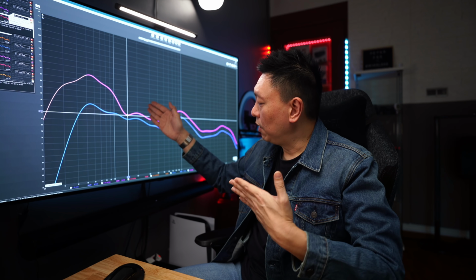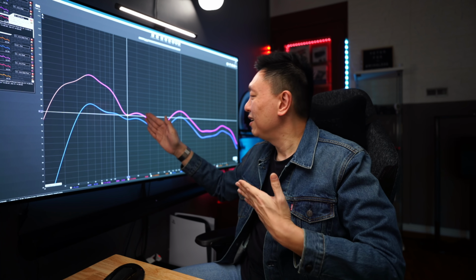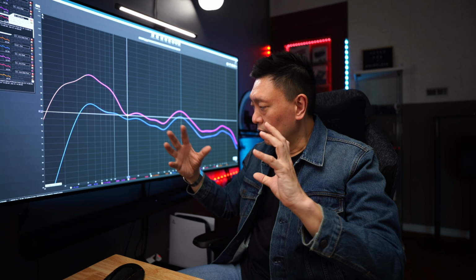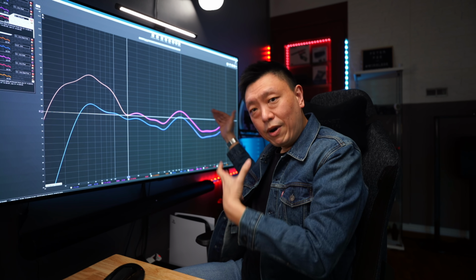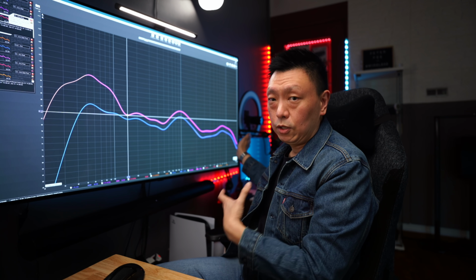So you'll see that from about 150, 200 hertz onwards, the Sonos Arc actually takes off on its own because it doesn't have to divert its resources and its amplification power to the lower frequencies anymore. It actually uses that power to pump up the rest of the frequencies all the way until the 20 kilohertz mark.